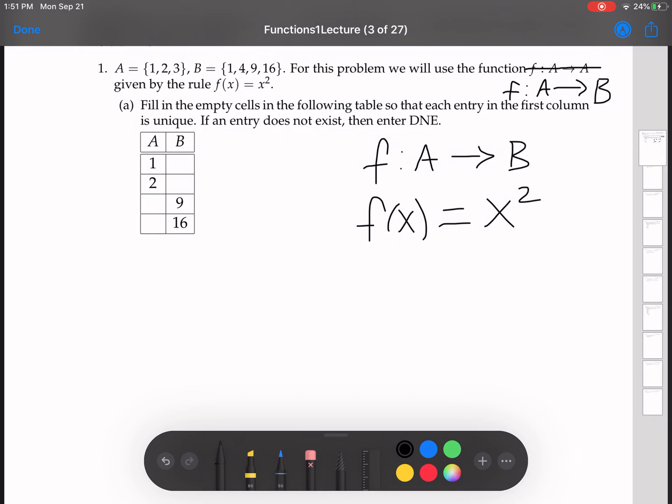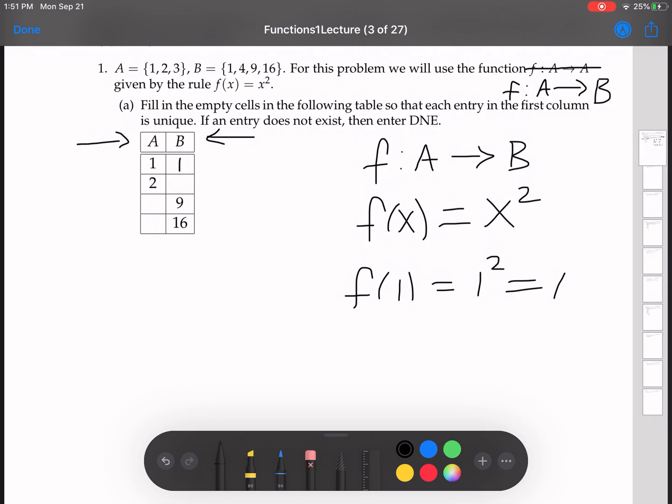Okay. All right, so for this one, you're supposed to fill in the table. So f of x equals x squared. Here we have, this is our input, this is our output. So f of 1 equals 1 squared, which is 1.